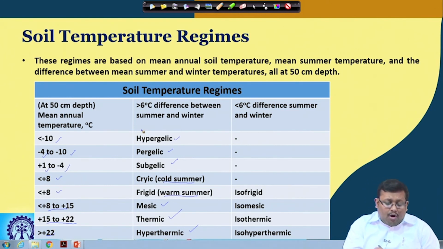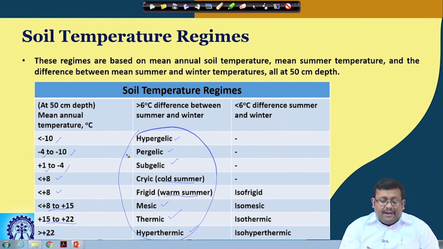Now, remember that all these temperature regimes are characterized when the difference is more than 6 degrees centigrade. Sometimes you will find it is more than 5 degrees. So, all these temperature regimes are named when the difference between summer and winter temperature is greater than 6 degrees centigrade.